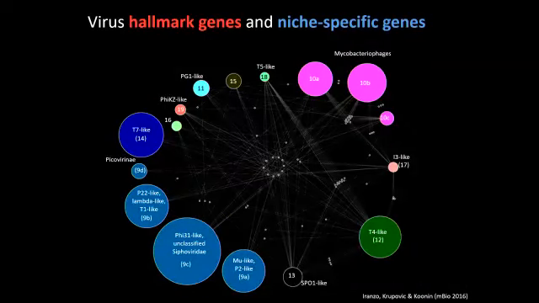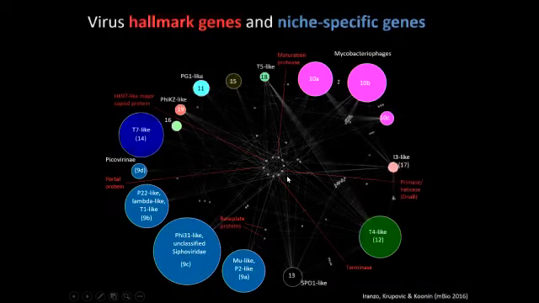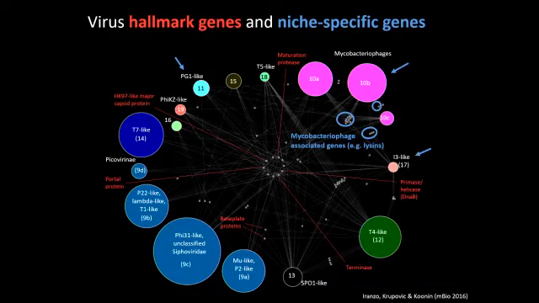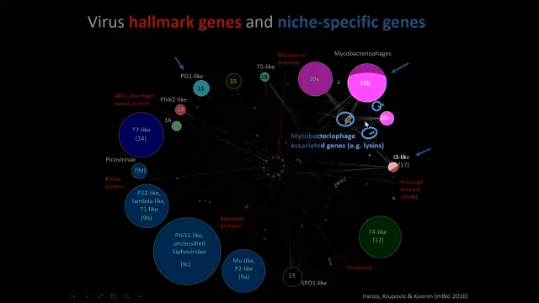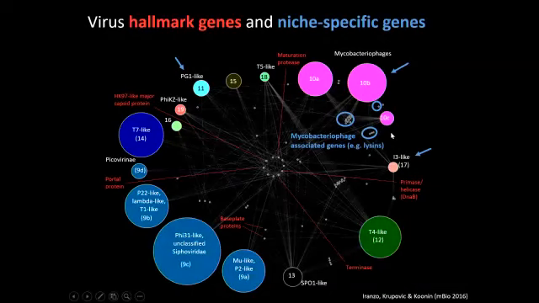We can also use the network to identify what we call viral hallmark genes and niche-specific genes. The hallmark genes are these ones that are in the middle, the more central, that are shared by all the clusters from the same viral superfamily, while the niche-specific genes are these ones that are shared by groups of viruses that are taxonomically very diverse, but however share the same niche.